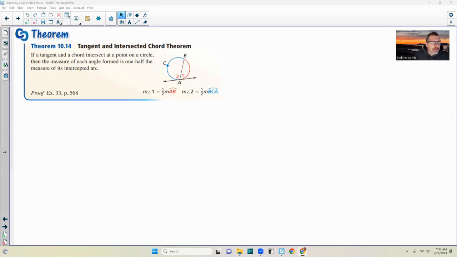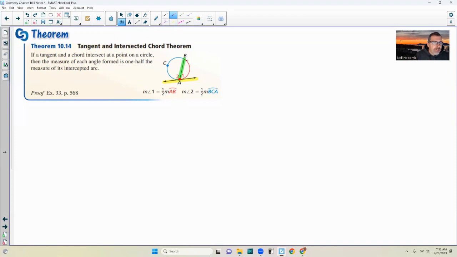If a tangent and a chord, there's the tangent and there's the chord, intersect at a point on the circle, right here, point A, then the measure of each angle formed is half the measure of its intercepted arc.